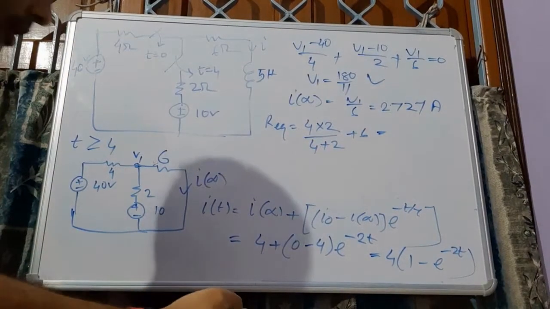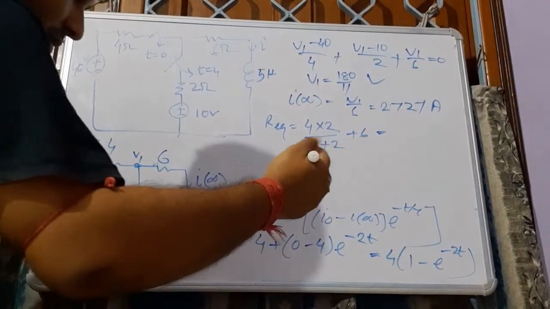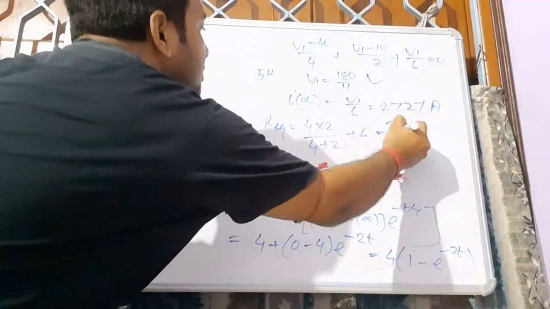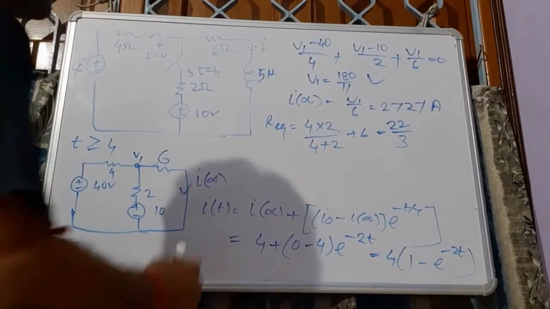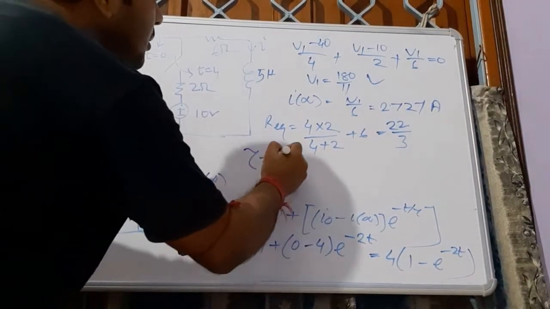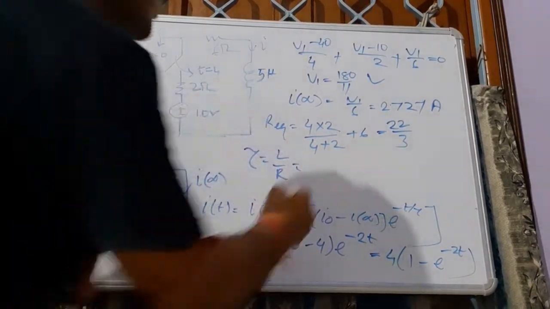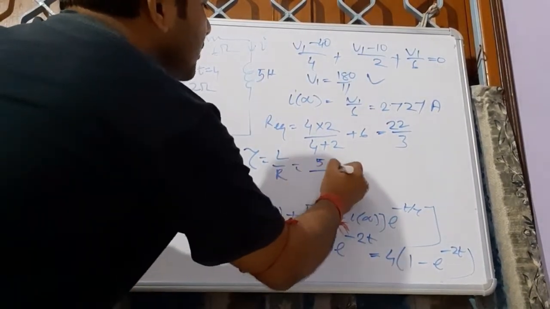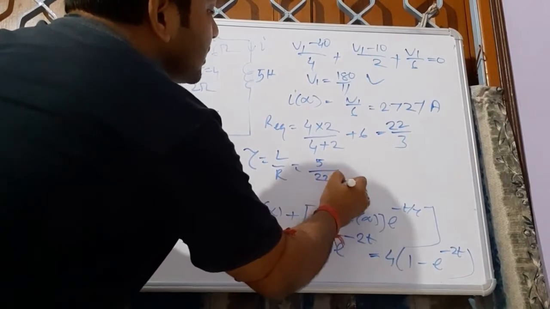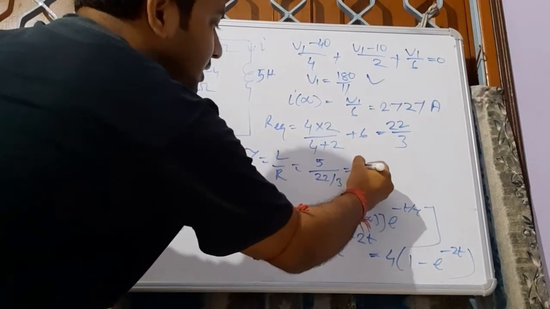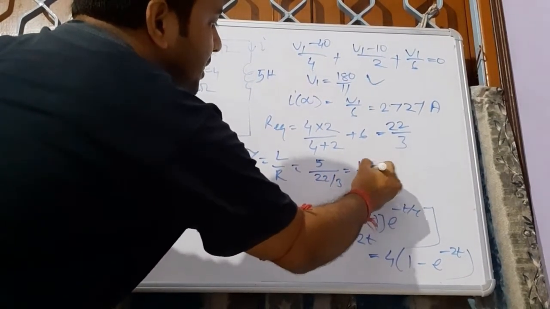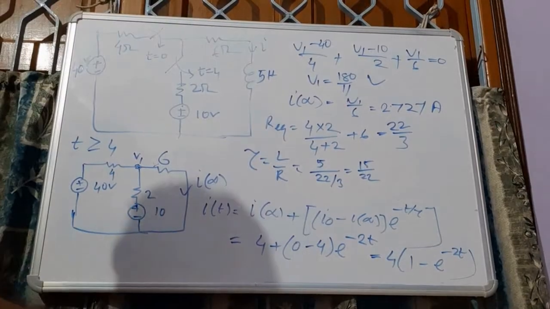Value is 22 by 3, right? Now tau will be L by R, and L is 5 divided by 22 by 3, that is equals to 15 by 22.